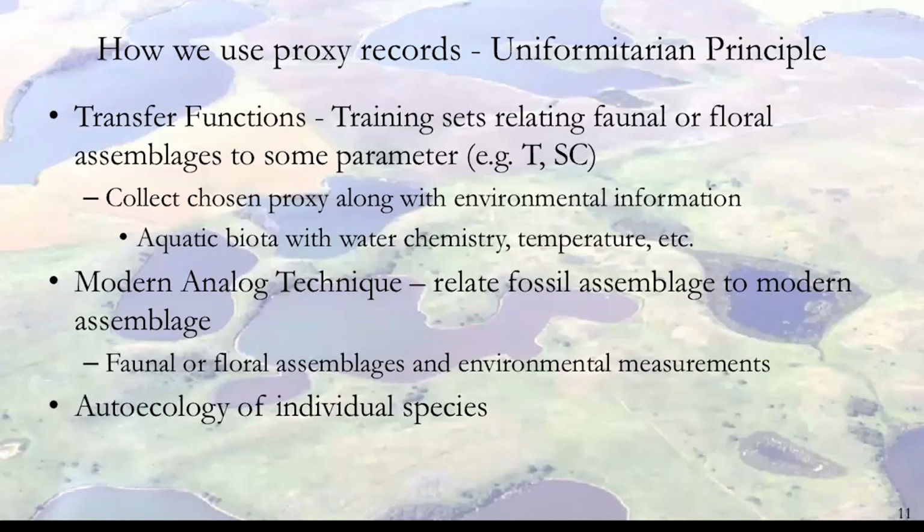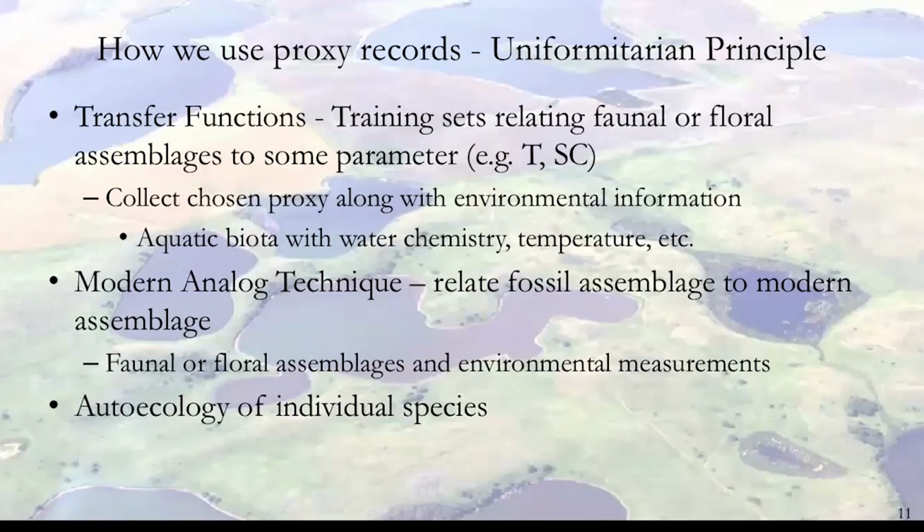So we might collect a whole bunch of items from many lakes in a general region, along with environmental information, such as water temperature. Or the modern analog technique, where we relate fossil assemblages to modern assemblages, often used with vegetation, but with other things as well.